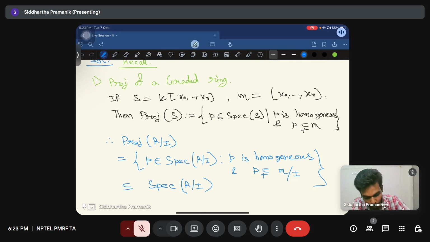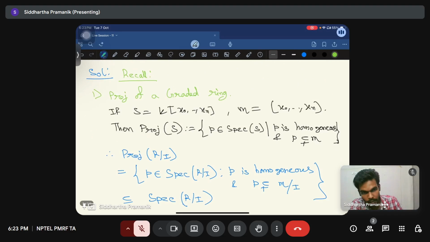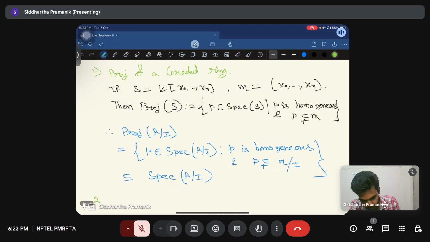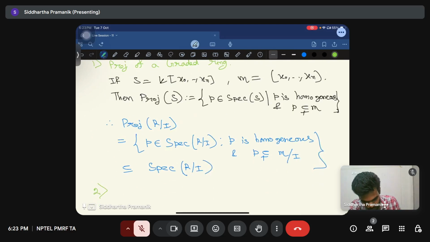So one more thing. What is the dimension of a Proj? The dimension of Proj of S, and if we take the dimension of S, there is one relation: it is basically the dimension of S minus 1.